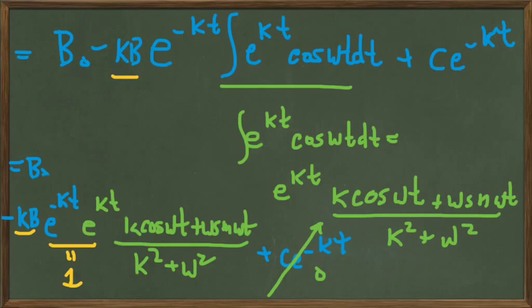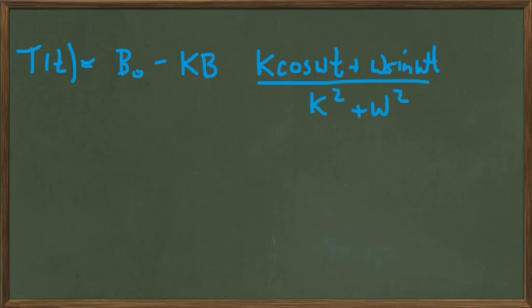Because e to the minus kt times e to the kt, when we multiply that together we get 1, so we bring the minus kb forward, and we bring all of this part right here forward, and we get this.